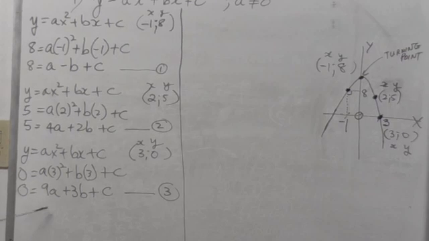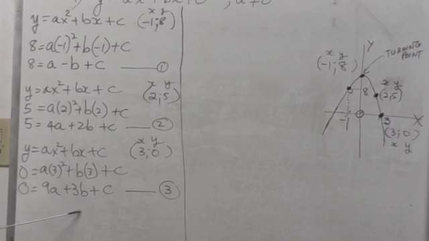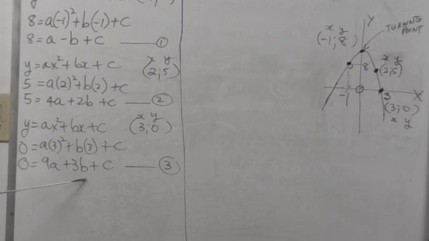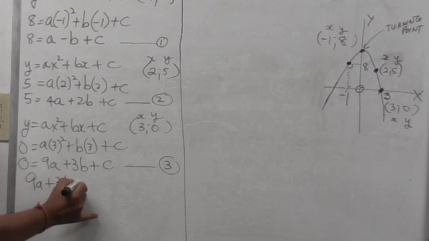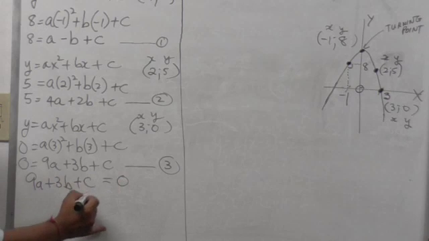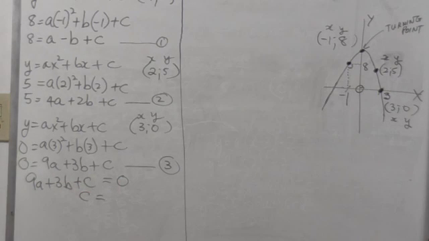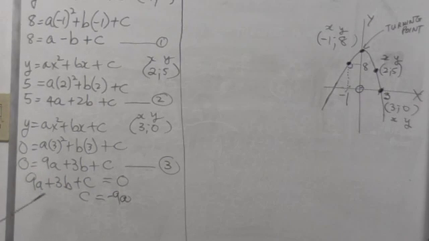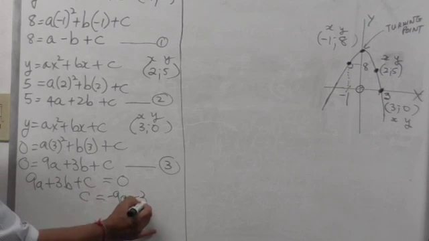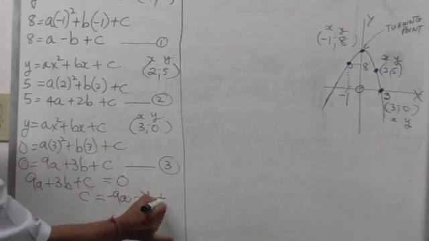Now if you look here, you'll see that it is very easy to solve for c here, because I can write this as 9a plus 3b plus c is equal to 0, and then say that c is equal to, take the 9a that side, minus 9a, take the 3b that side, minus 3b, plus 0.